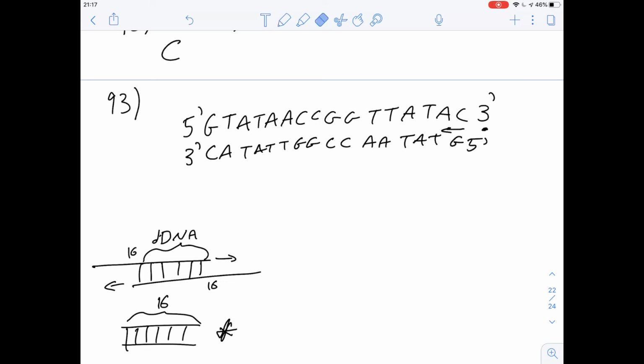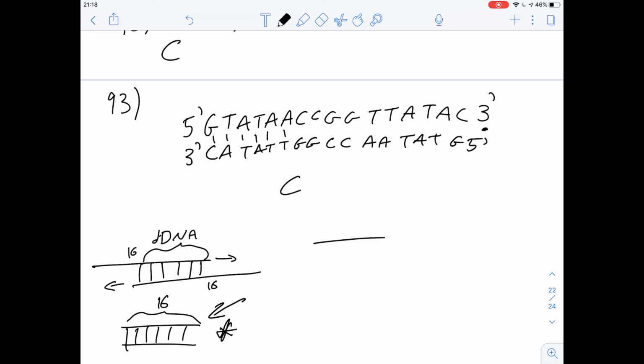C, C, A, T, A, T, G, 5', and these all match up with each other following the normal base pairing rules. So you can have this model, and the maximum you can get is 16 base pairs. The answer for this one is C.